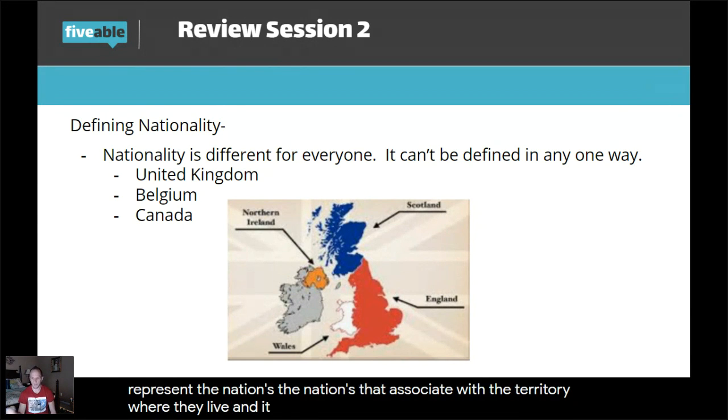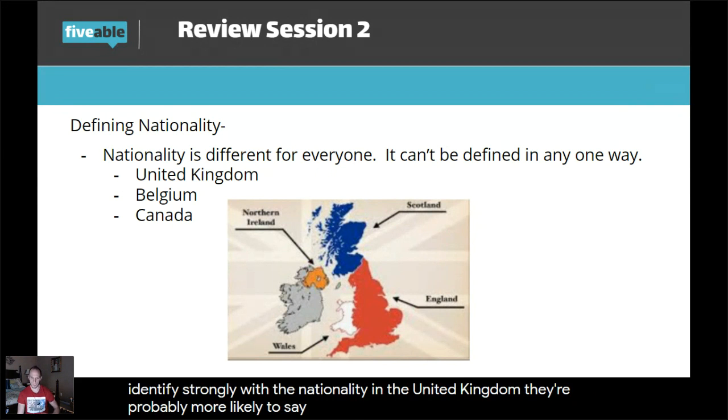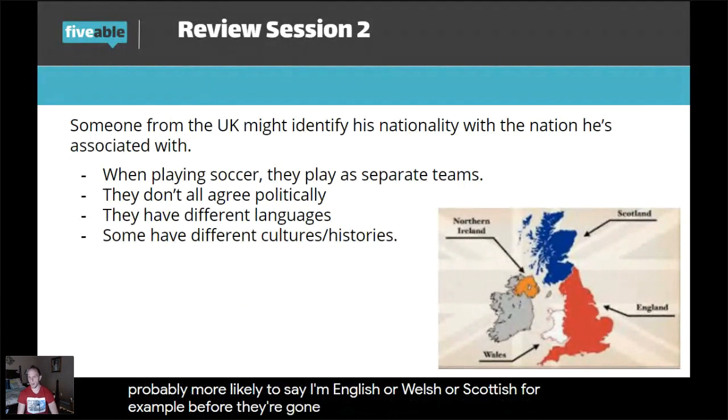People really identify strongly with the nationality in the United Kingdom. They're probably more likely to say, I'm English or Welsh or Scottish, for example, before they're going to say, I'm from the United Kingdom or wherever it might be.